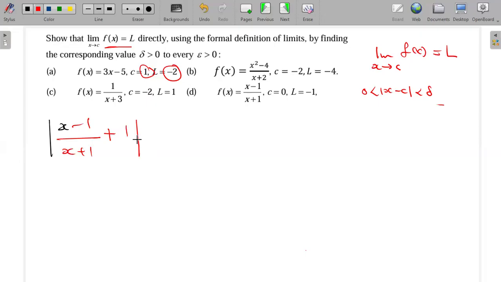Yes, somebody raised their hand. My question is, I have observed most of the time, after you equate that equation to epsilon, you usually go back and use that one for delta, where you use the c, then where you use the L is that one which is used for epsilon.